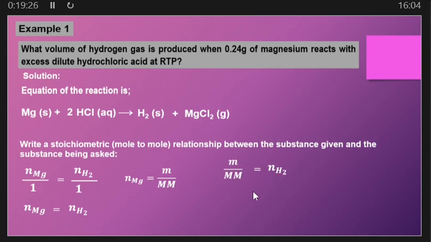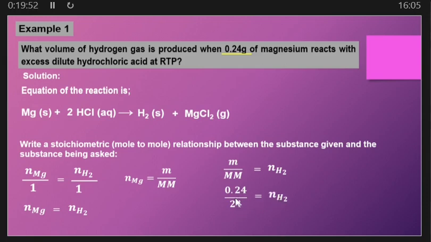Now we are going to substitute. We know that m, which is the mass of magnesium, is 0.24 grams, and we know that M, which is the molar mass of magnesium, is equal to 24. So we'll say 0.24 divided by 24 equals number of moles of hydrogen.